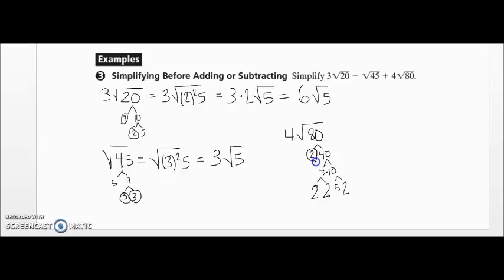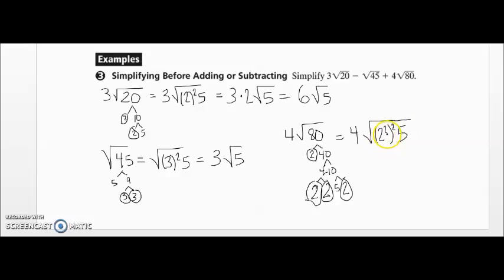Well, we've got one pair of 2's and another pair of 2's. We could rewrite 80 as 2 squared because we have 2 pairs of 2's, and then that squared. 2 times 2 is 4. 4 squared is 16, and we have a leftover 5.